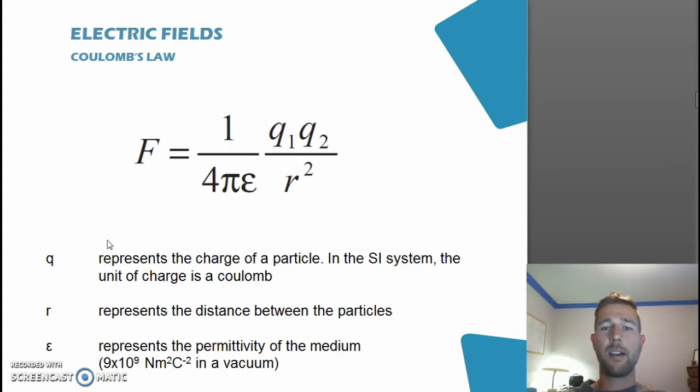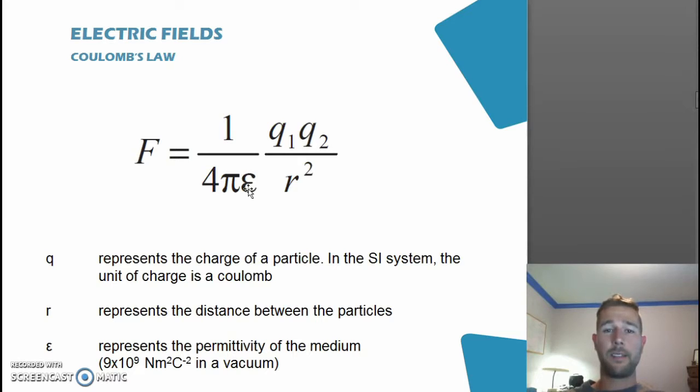The charge of a particle is represented by Q, and when we've got two particles, we've got Q1 and Q2. In the International System of Units, the unit of charge is the coulomb, denoted by the letter C. R in this formula represents the distance between particles, and epsilon is the permittivity of the medium.